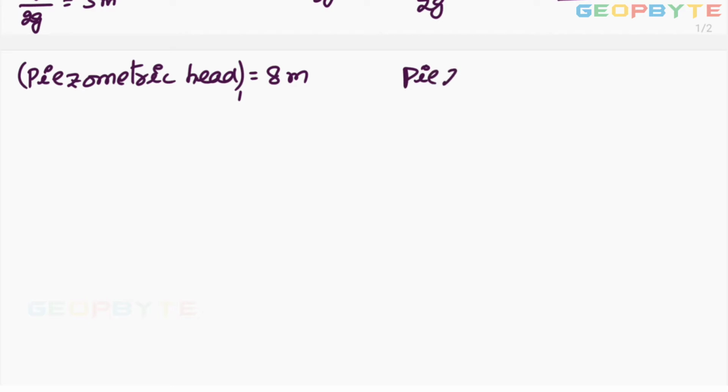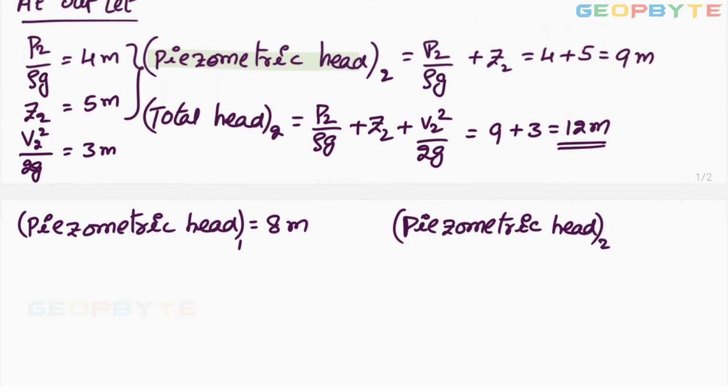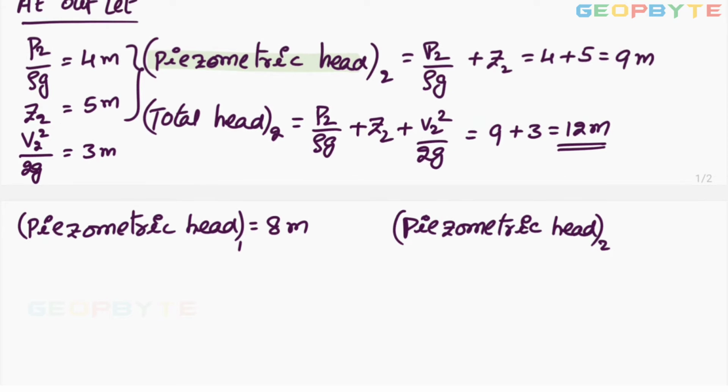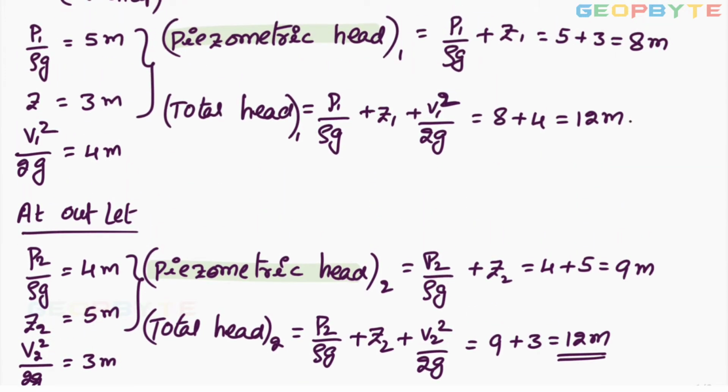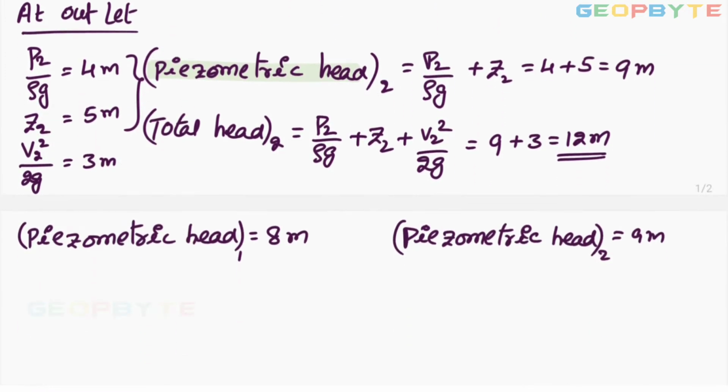Piezometric head at exit, let us go back to that value. Piezometric head at state 2 is 9 meters. State 1 piezometric head is 8 meters. Correct. We have taken correct.